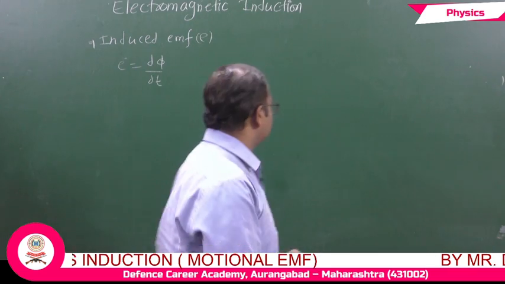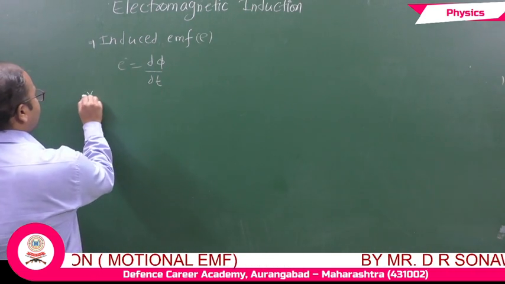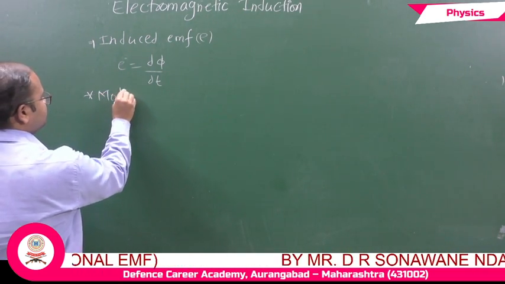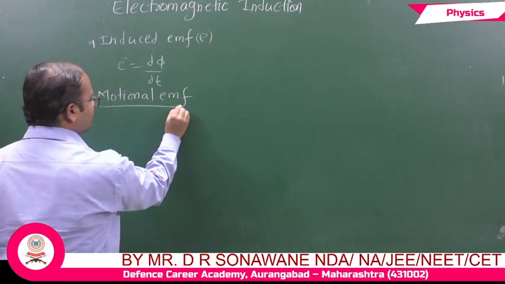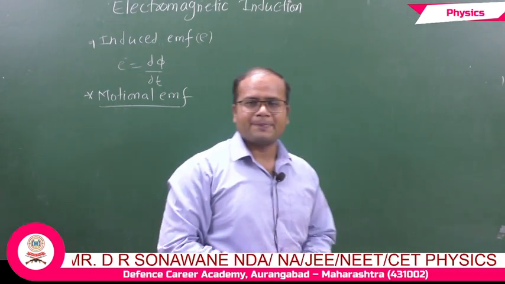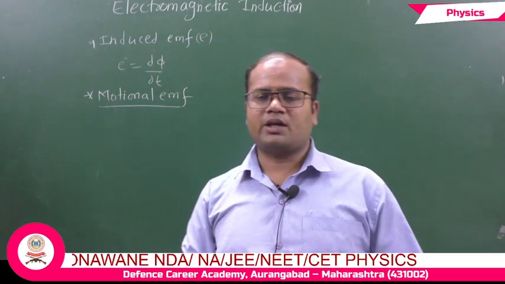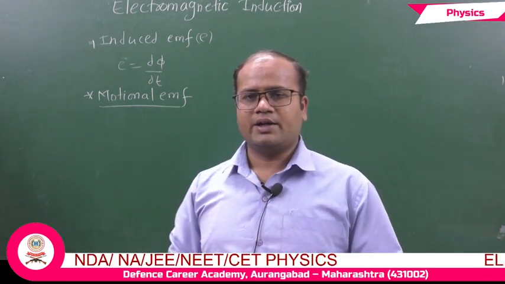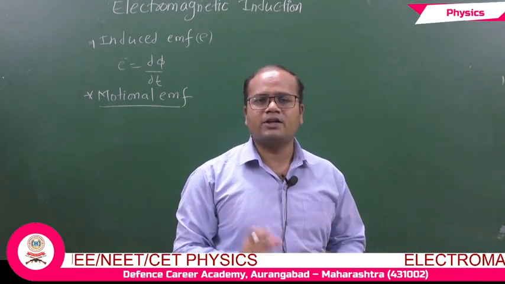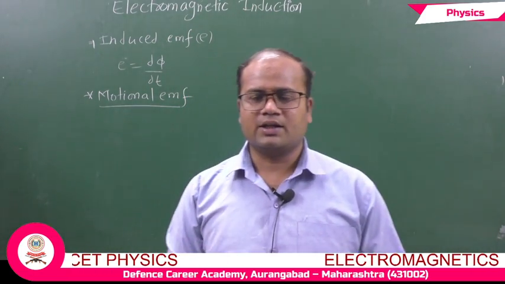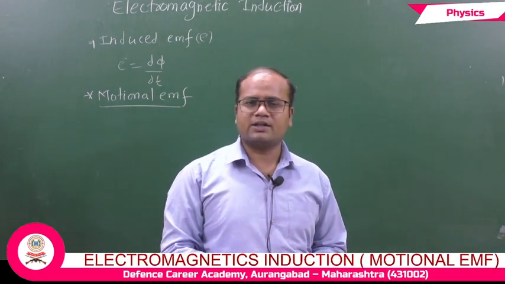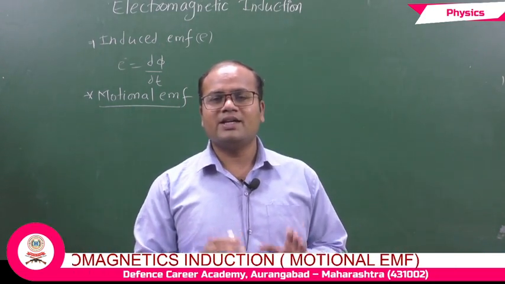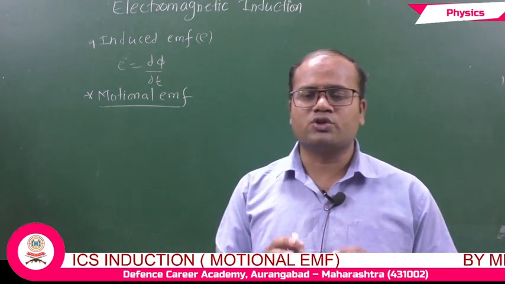Motional EMF. So first of all, how to define motional EMF? Motional EMF means what? If we have any conductor and if we have a magnet, if we consider a relative motion between magnet and conductor, either we move conductor or we can move a magnet. So due to relative motion of the conductor or magnet, the EMF induced is known as motional EMF.